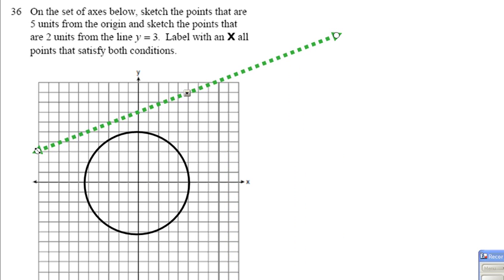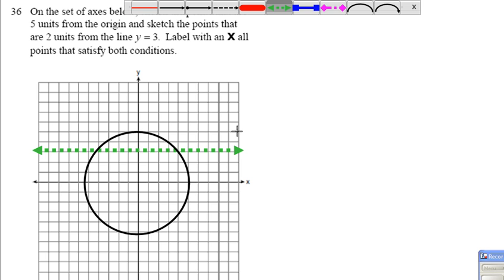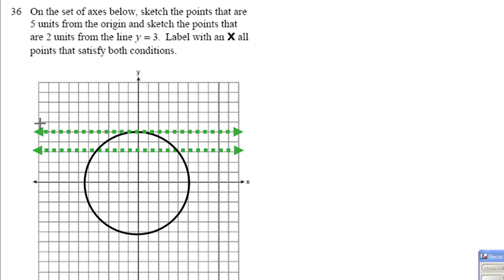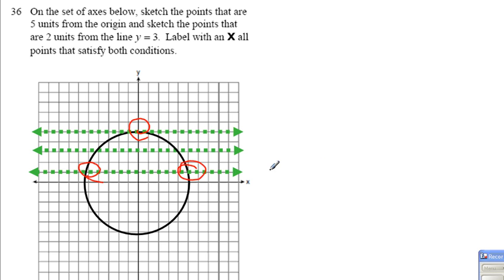Y equals 3 is right around here. But 2 units from there, we're going to have one right here, one right here. So our final answer will be this point, this one, and this one. Total 3 points.